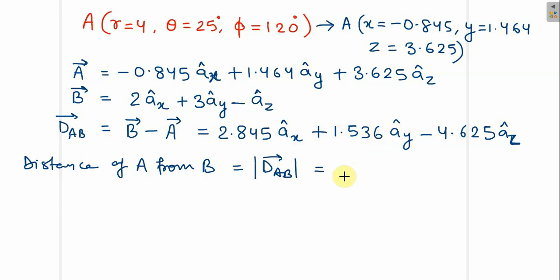So this we can calculate: root under of this square plus this square plus this square. Okay. So the distance, I am writing it directly, is 5.643 units.